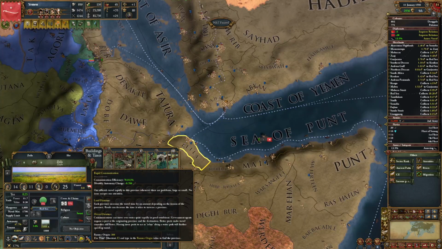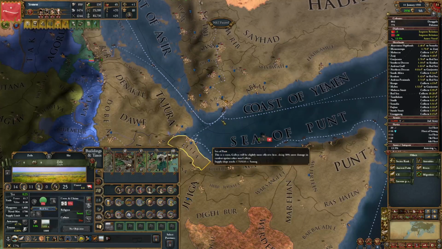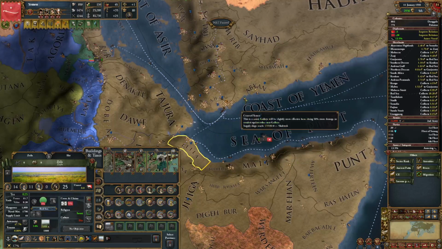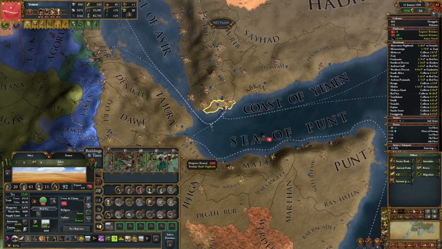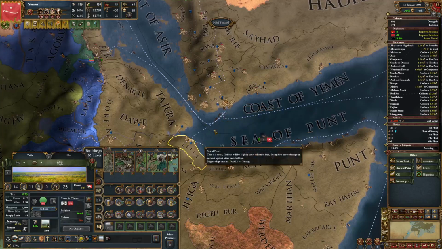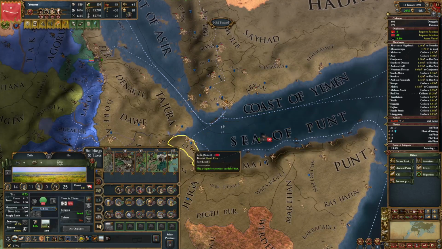Zila, for example, has a communication efficiency of 78%, so it's better than Sana, because it's just one ship length away, basically, so you can just go over there. Both provinces have a harborage infrastructure, so they have a harbor, so they can actually trade and communicate with each other properly.